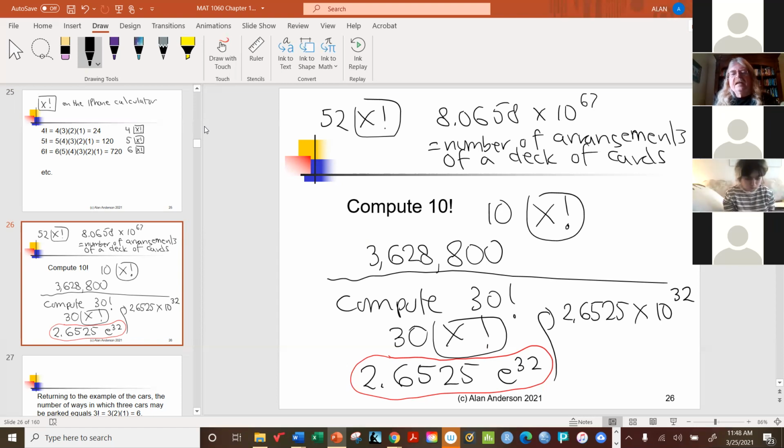This down here, like if you had a game with only 10 cards, then the number of possibilities or arrangements would be about 3.6 million. Or if you had just the biggest parking garage of all time with 10 slots, this is how many ways you could park 10 cars.